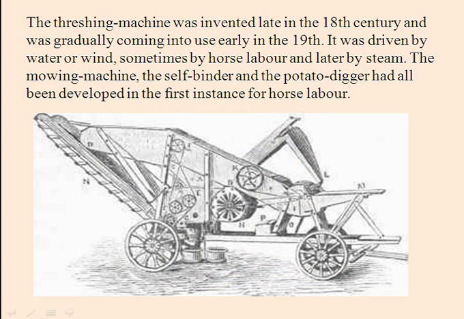The threshing machine was invented late in the 18th century and was gradually coming into use early in the 19th. It was driven by water or wind, sometimes by horse labor and later by steam, and the mowing machine, the self-binder and the potato digger had all been developed in the first instance for horse labor.